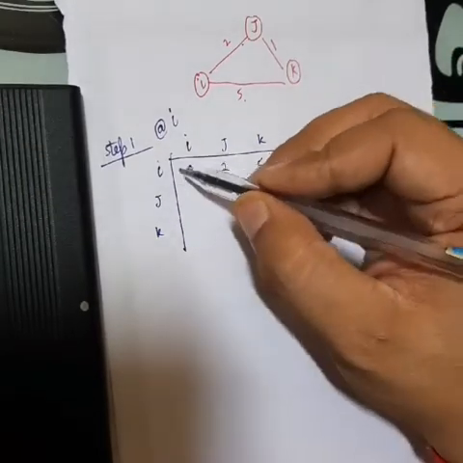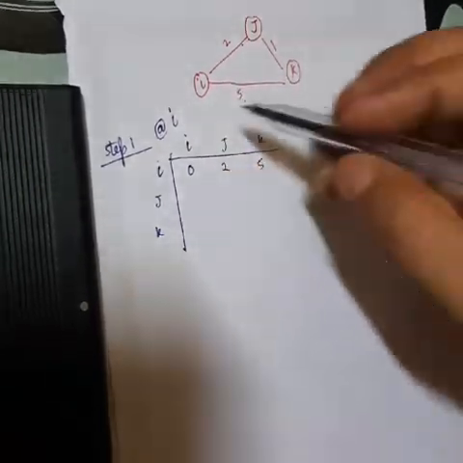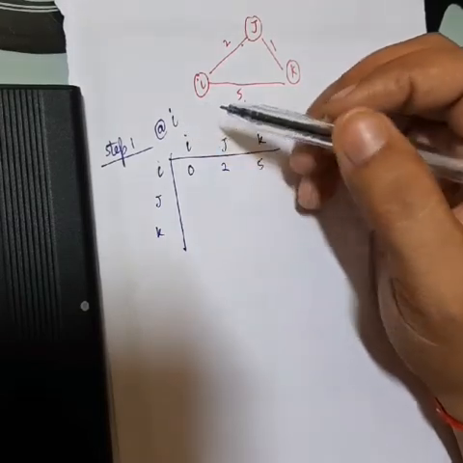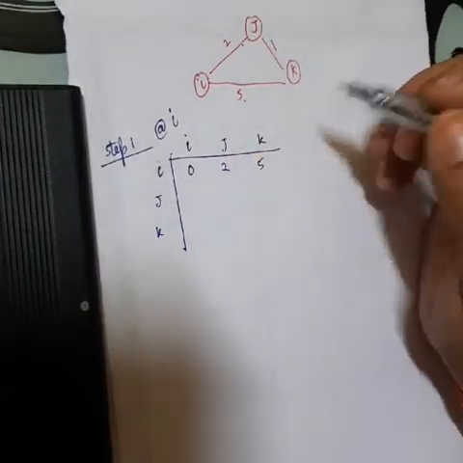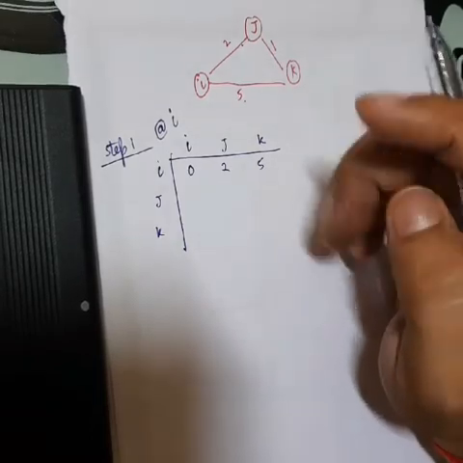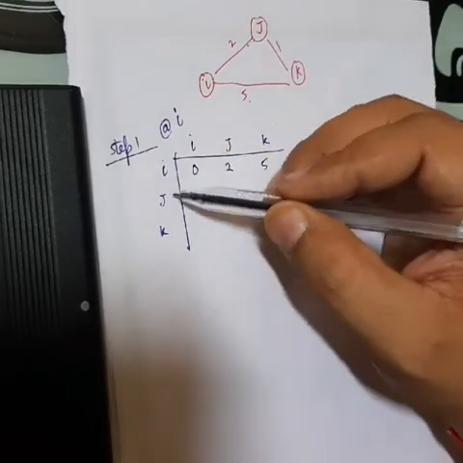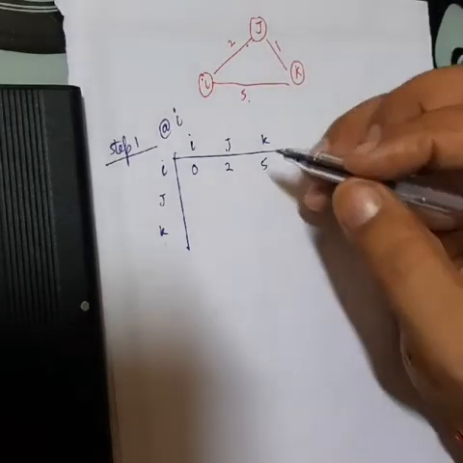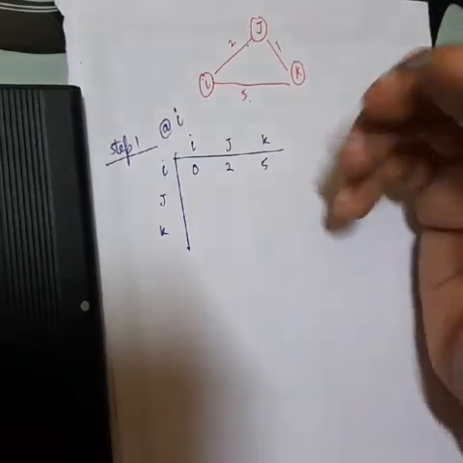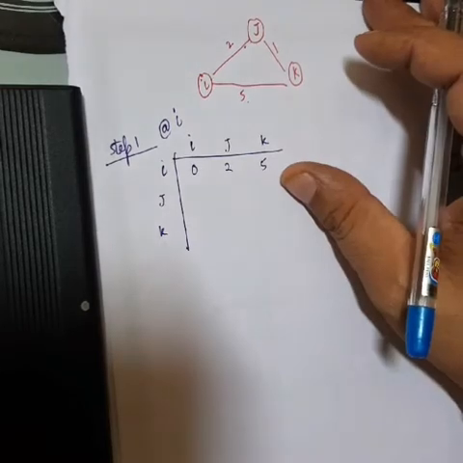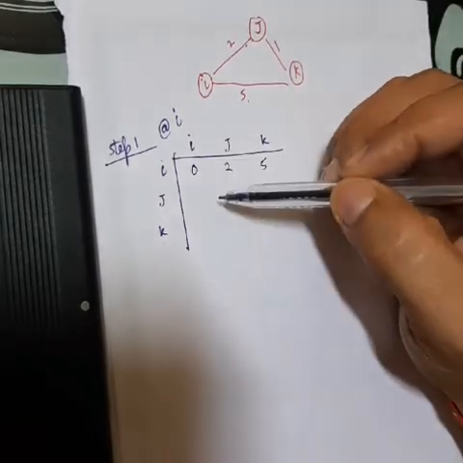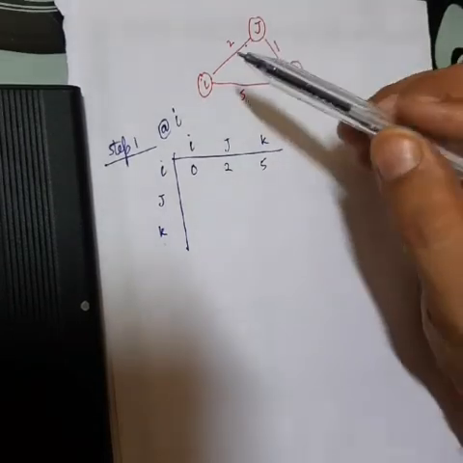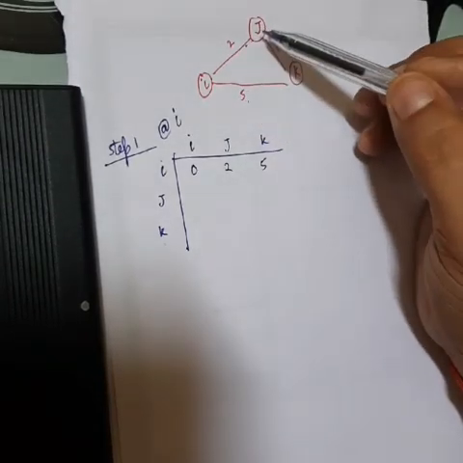Now for j to i, because we are calculating the local cost at i, or we can say i maintains the cost table in its own memory initially, j and k are not giving any information up to this step. So in this position, I assume that there is no router j or k in the network.